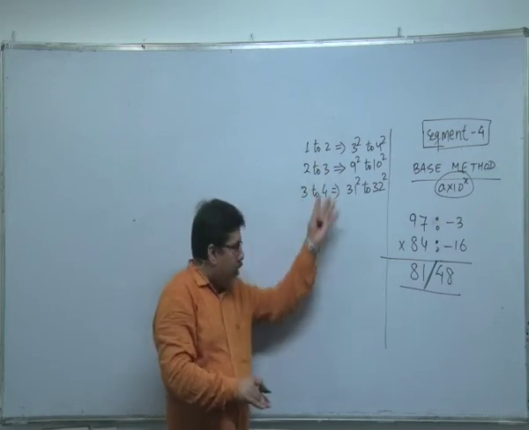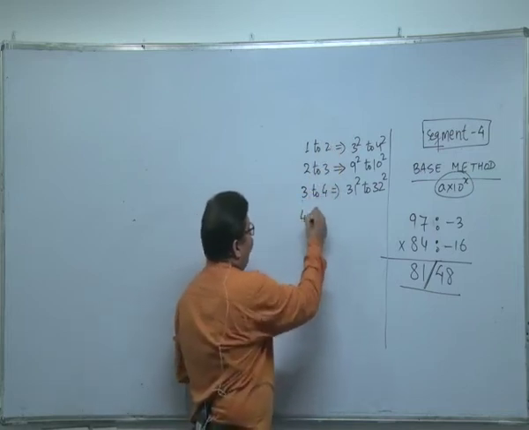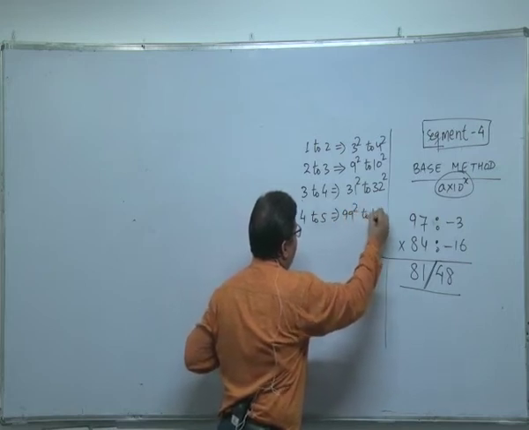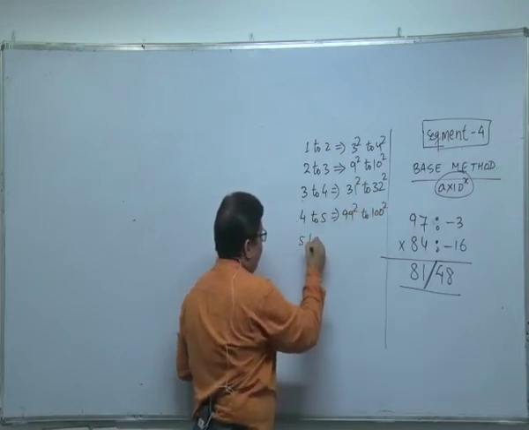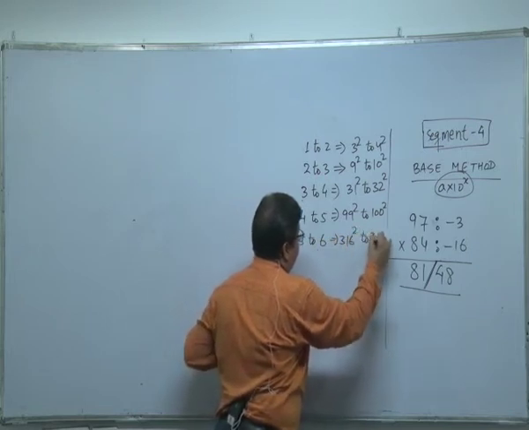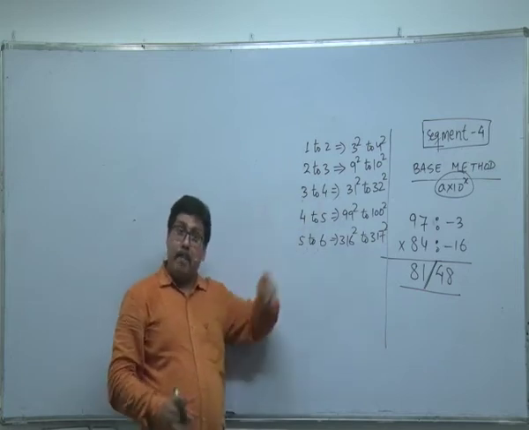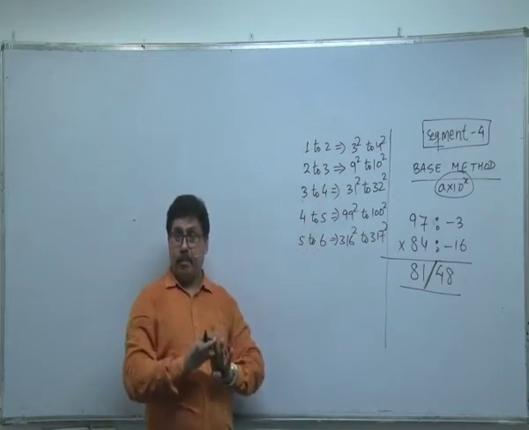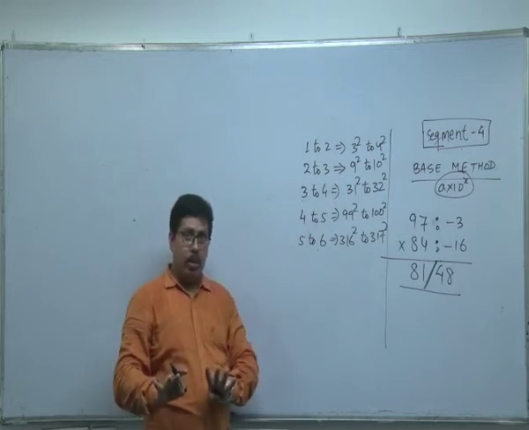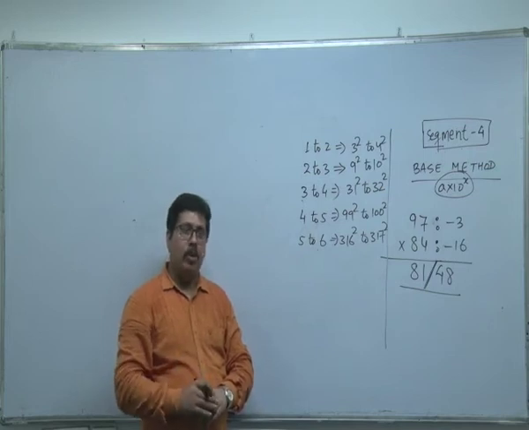If I extend this set of thresholds, then 4 to 5 is 99 square to 100 square. 5 to 6 is 316 square to 317 square. These numbers are benchmark numbers. These numbers are very, very important. I will suggest you to memorize these numbers. It will help you to solve many questions.